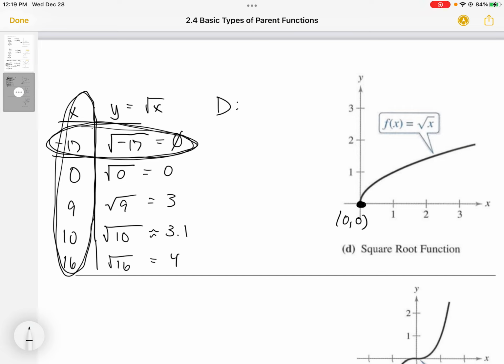So our domain is going to be from 0 to positive infinity. The outputs from this function can also only be positive numbers or 0. So our domain and range are going to look the same in this case.